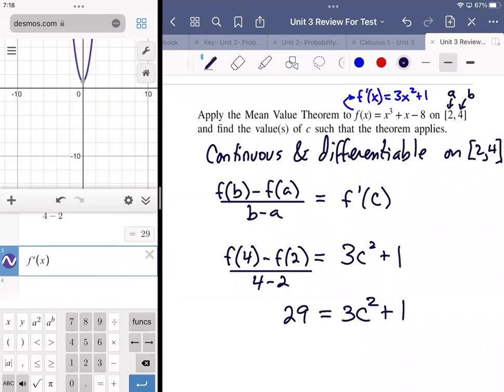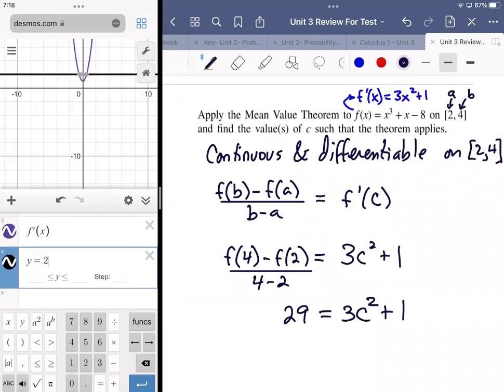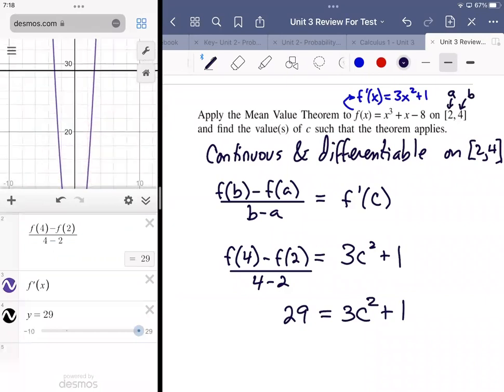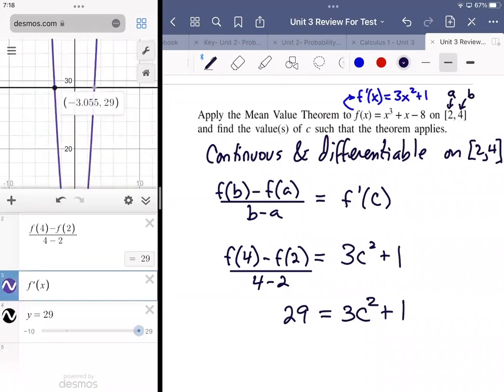I would want to know where this graph is equal to 29 on the interval. So I would plot y equals 29 and find the intersections, but the only relevant intersection would be the one on the interval. So c would be approximately 3.055. Just follow whatever the rounding instructions are on the test, but that's really all I need.